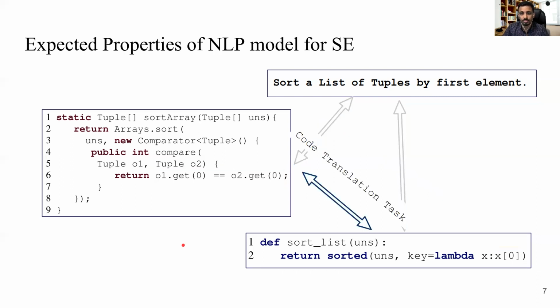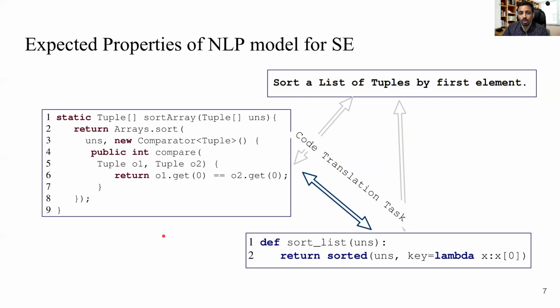Also, if we consider the code translation task from Python to Java, at first glance, it might look very straightforward. In fact, in theory, translation between two Turing-complete programming languages should be deterministic.